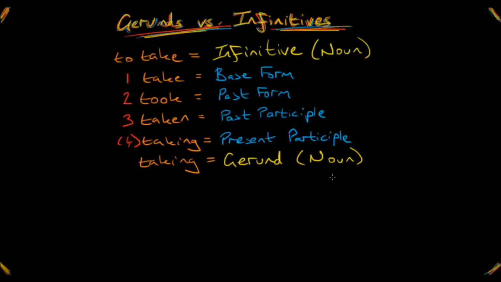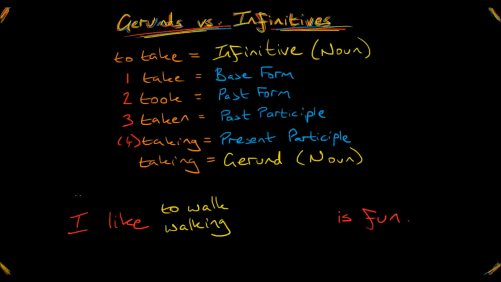And we've looked at a couple of examples previously, but let's just remind ourselves of them. We've got, for example, I like to walk. I like walking. And so we've got three components to this small sentence here.